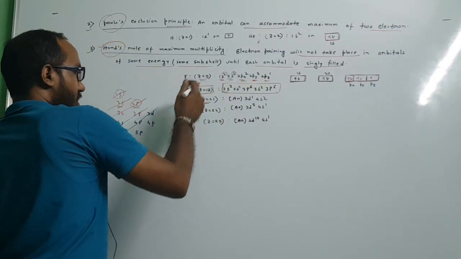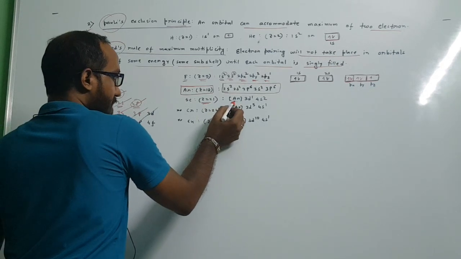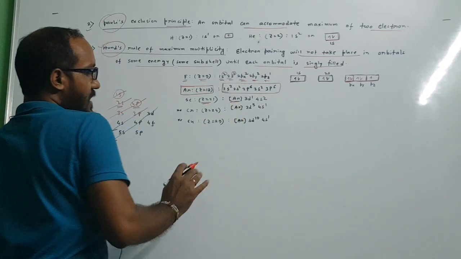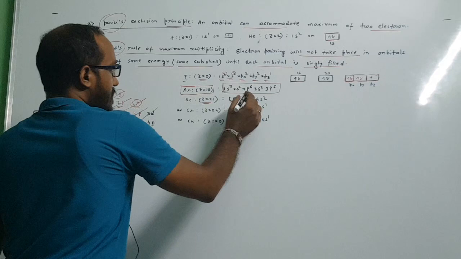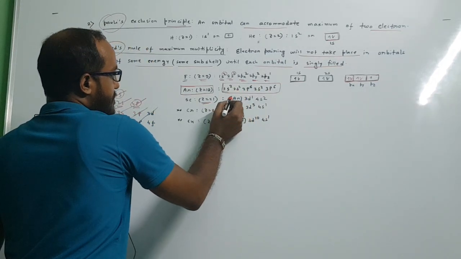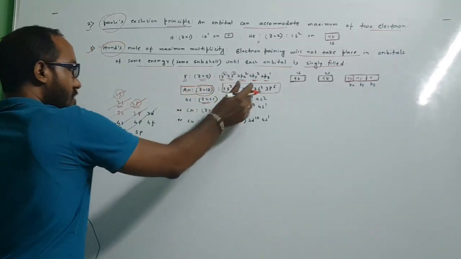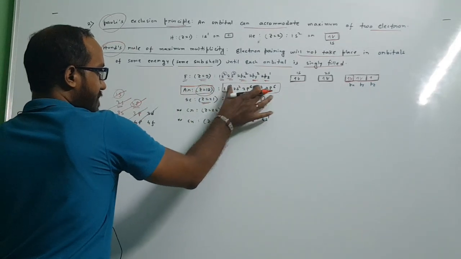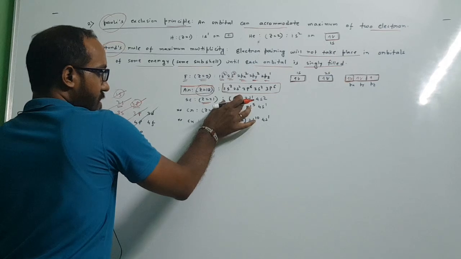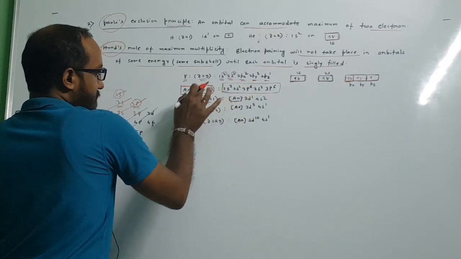So whenever there are more than 18 electrons, you have to take the nearest noble gas configuration, because you have to remember that the nearest noble gas configuration is 18. So it will take the argon configuration. That means this total thing is here.